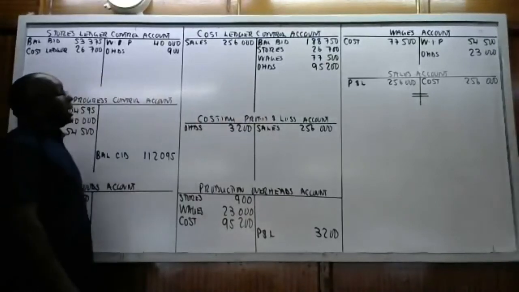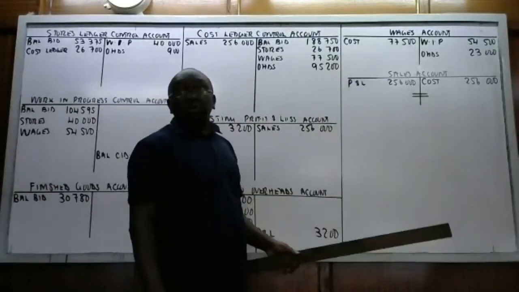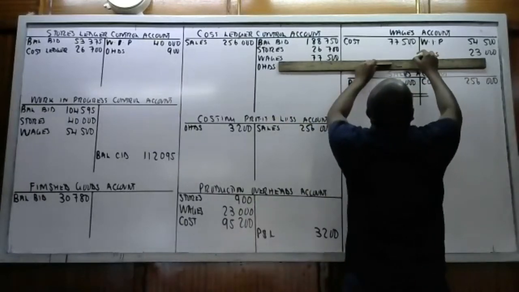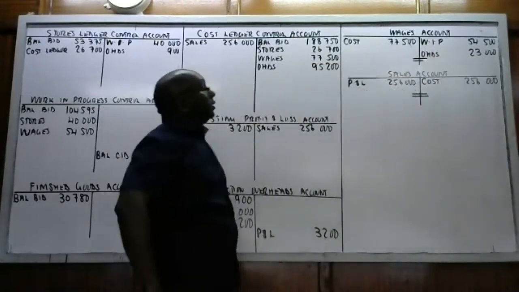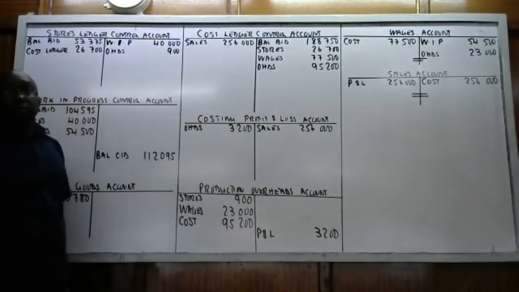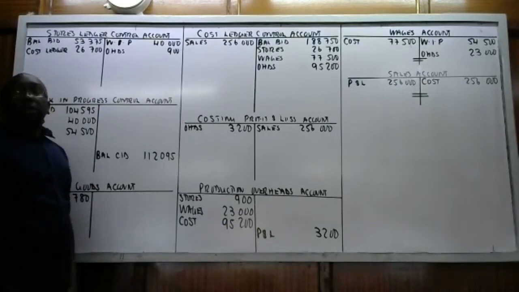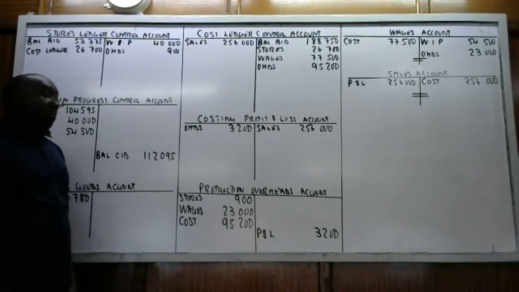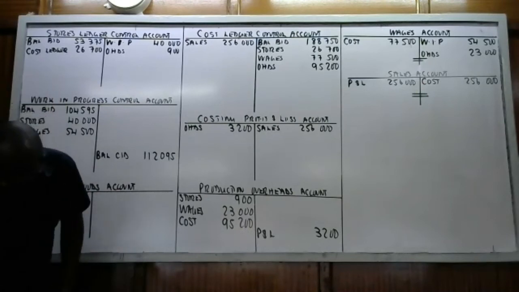The next one is this one. Wages is already closed. Here we were already told the closing balance, but we have not checked the balancing figure.